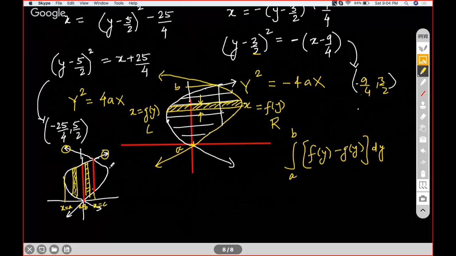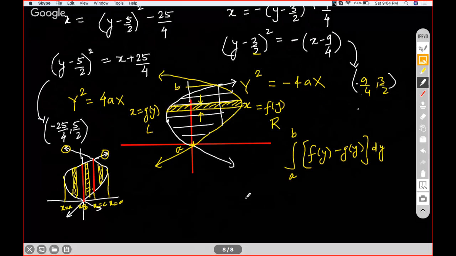And from C to this point, let me call it D point, your strip will be starting from this parabola only and ending on the same parabola. So unnecessarily, you'll have to change the limits of integration thrice. Here, you don't need to do that.